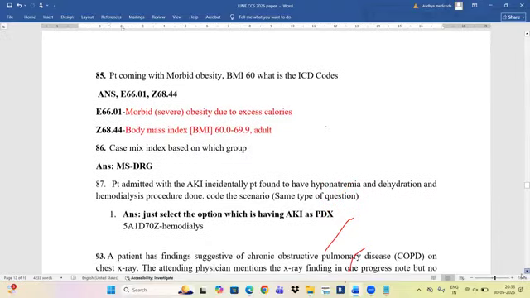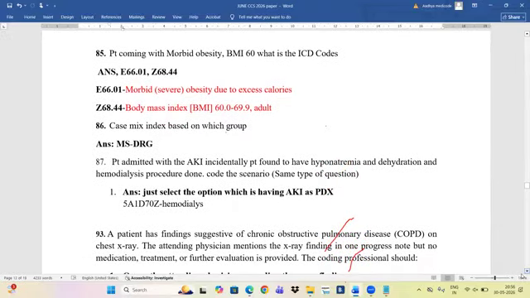Next question, direct ICD procedures, ICD diagnosis, morbid obesity and BMI. You will get the morbid obesity code and BMI code directly. E66.01 and BMI 60, Z68.44. Directly we'll get the codes E66.01 and Z68.44.